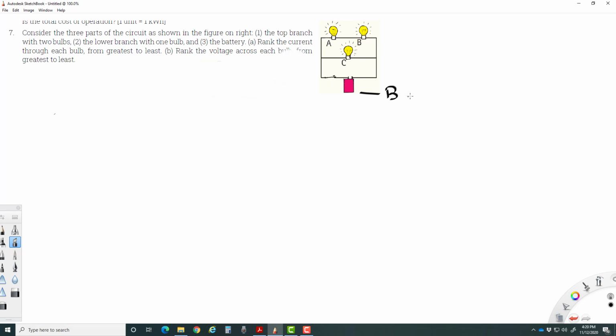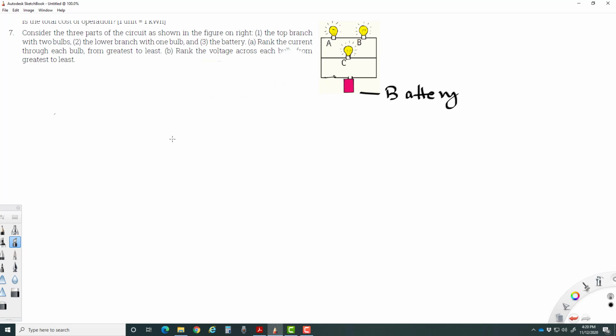This is a battery. So it's asking to rank the current from greatest to least through each of the bulbs, and also rank the voltage in each of the bulbs from greatest to least.